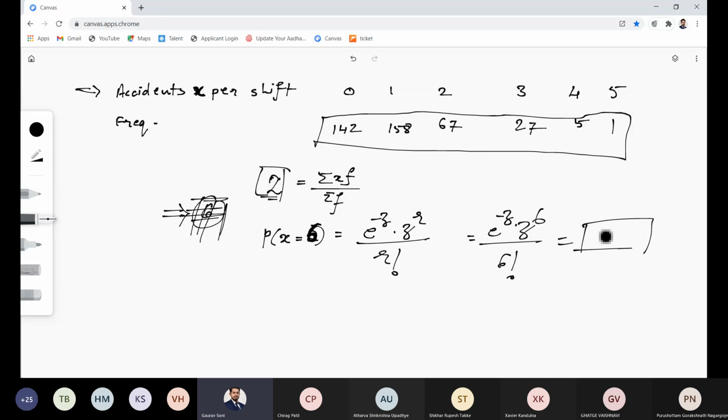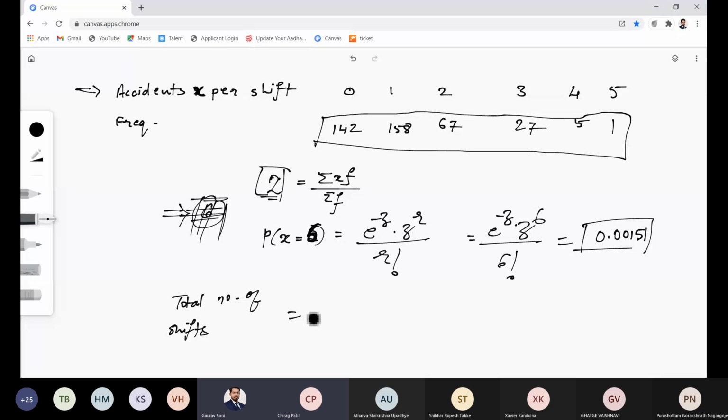Now say I have got 0.00151. Do I have the total number of shifts? Can anyone give me the total number of shifts from the above data?